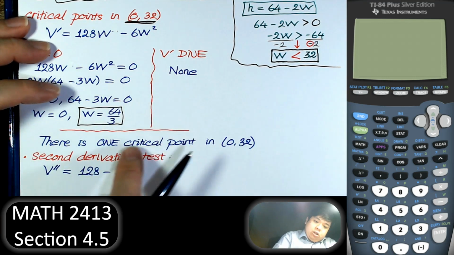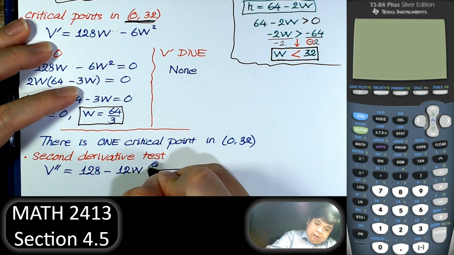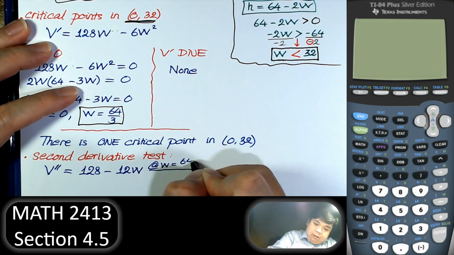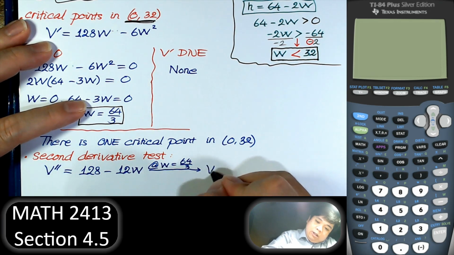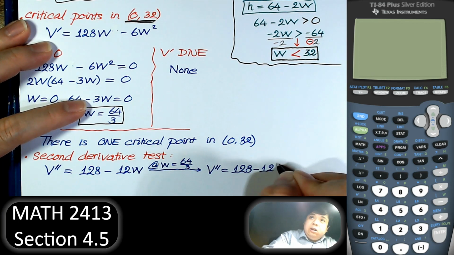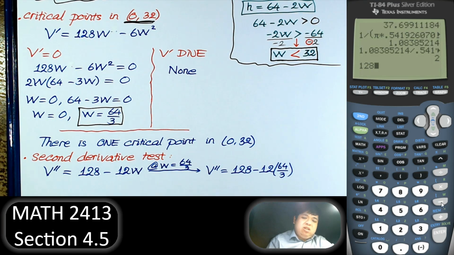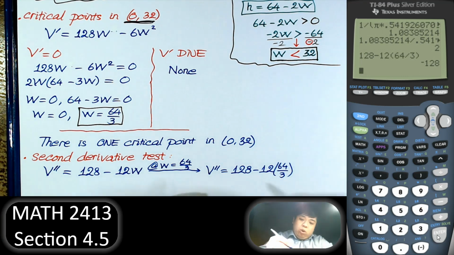Now I'm going to put w equal to 64 over 3. So the second derivative equals 128 minus 12 times 64 over 3. The 3 and 12 cancel, so we have 128 minus 4 times 64, that's negative 128.